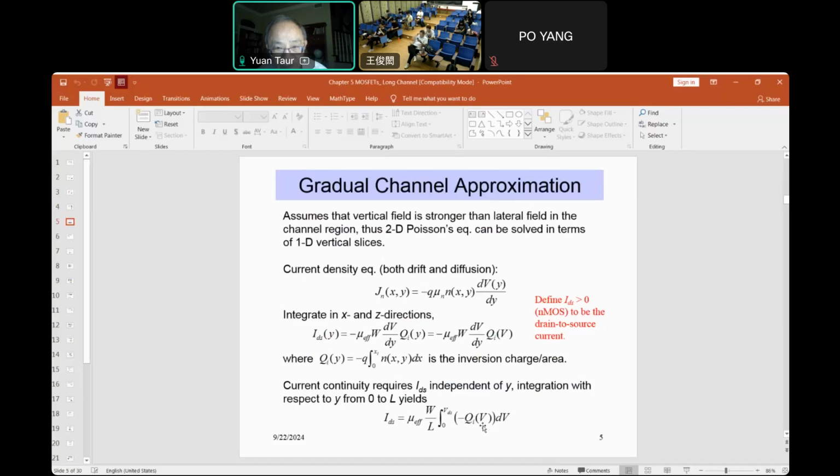Qi is negative charge due to electrons, since the mobile charges are electrons. So minus Qi is positive. And you integrate from V equal to 0 to VDS. Once you know this function, you just integrate, and then we get the current. So that's a simple result of the gradual channel approximation.